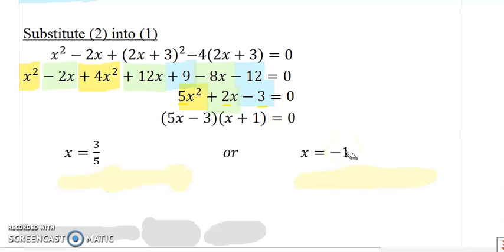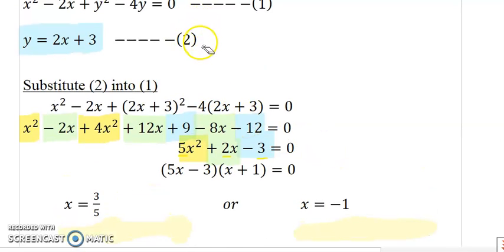These x values refer to the x coordinates of our intersection points. Once we have the x coordinates, we find the y coordinates by substituting each x value into the linear equation, equation 2.